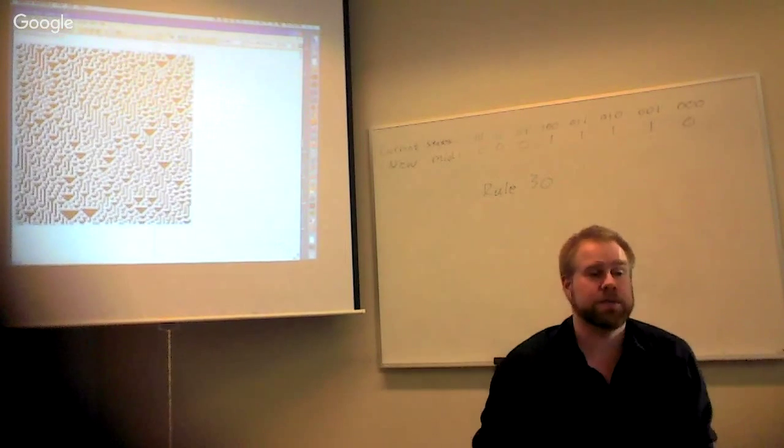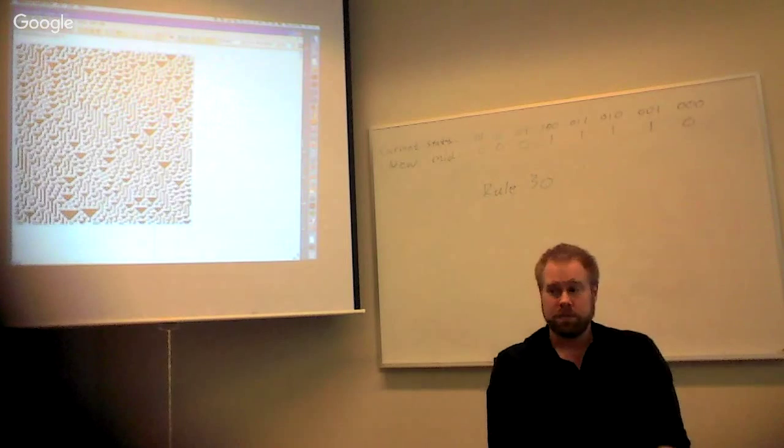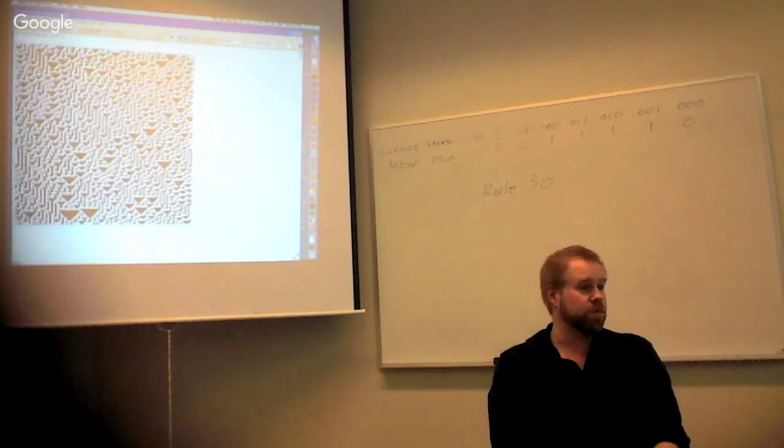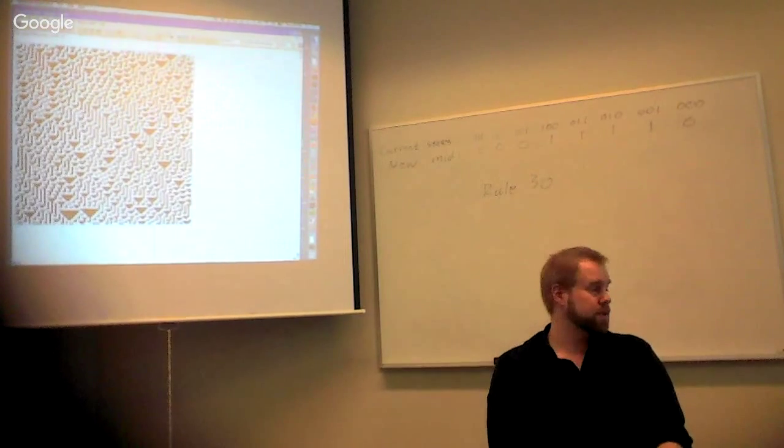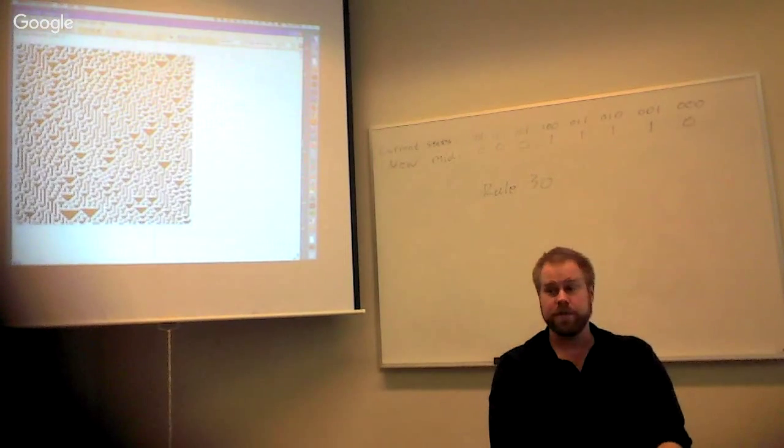So for the assignment for next week, how about we do this? We've looked at a lot of cellular automata, some elementary ones, and some not so elementary ones. So how about you guys pick one of these not elementary ones and code it?